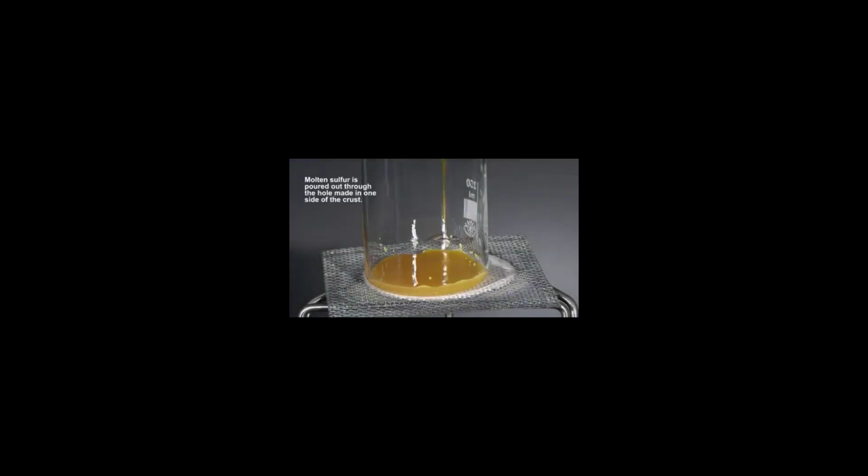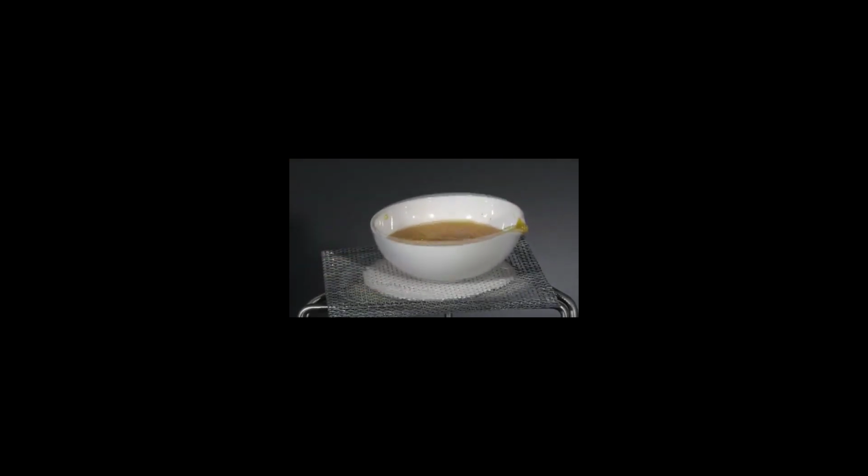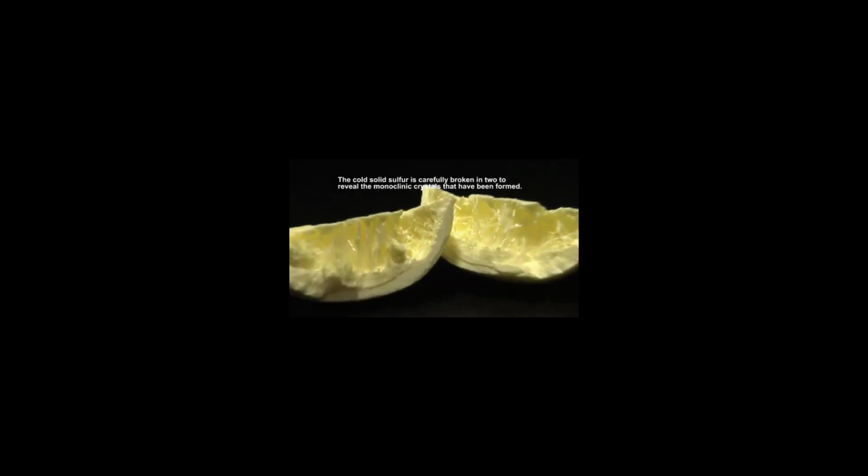Once a solid crust is formed, the molten liquid inside is poured out through small holes that are made in the crust. When the cooled solid is broken open, the monoclinic crystals can clearly be seen.